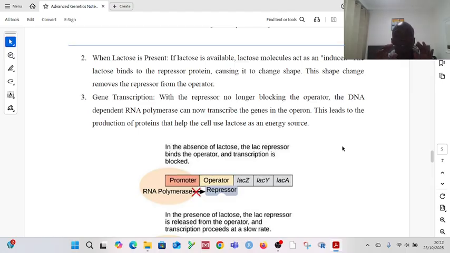So with the repressor protein now no longer blocking the operator, the DNA-dependent RNA polymerase can now transcribe the genes in the operon. Once this transcription has been done, the production of proteins that are responsible for the breakdown of lactose as an energy source will be accomplished.